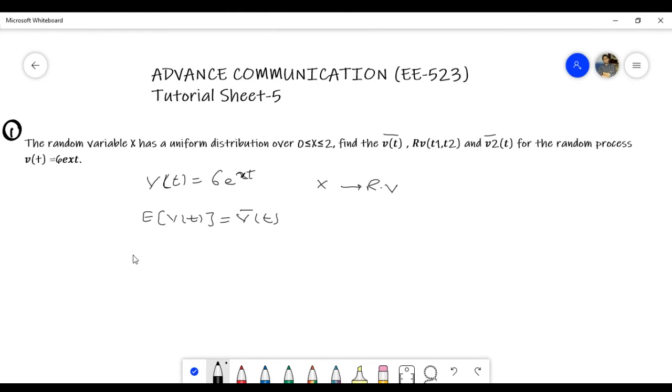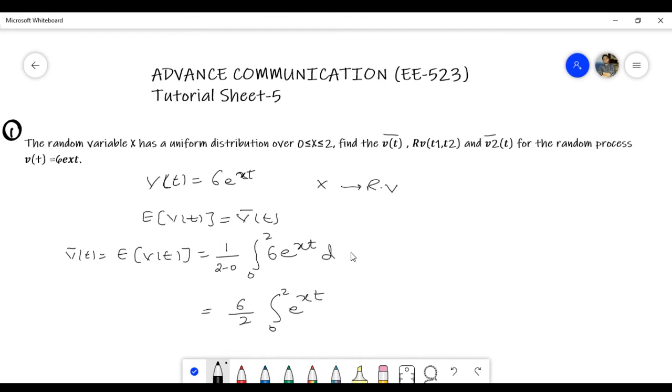So v bar of t equals 1/2, it is not half, it is 1 over upper limit minus lower limit, that is 2 minus 0, integrated from 0 to 2, 6e^(xt) dx. So we can find it as 6 by 2, integral from 0 to 2 of e^(xt) dx, where x is the random variable, with respect to x.